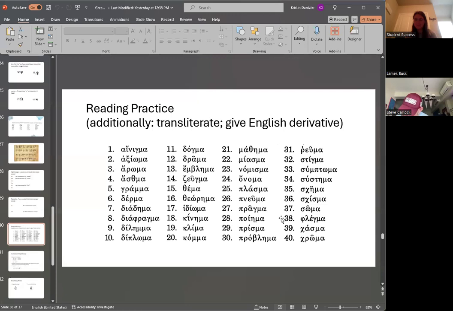So this one, I don't know. We'll get there, I guess. Yeah, you're so good. I have number 38. Phi, lambda, epsilon, gamma, mu, and alpha. Very good. And I have phlegma. Can you guess what word?